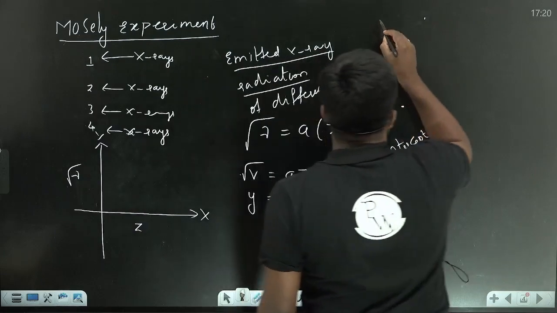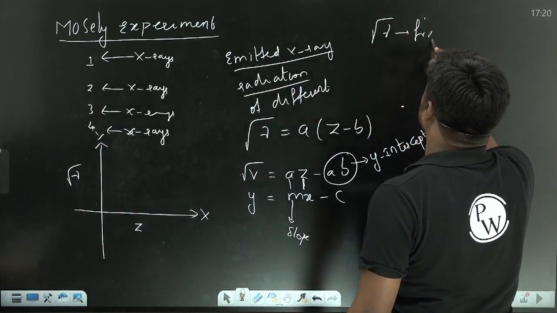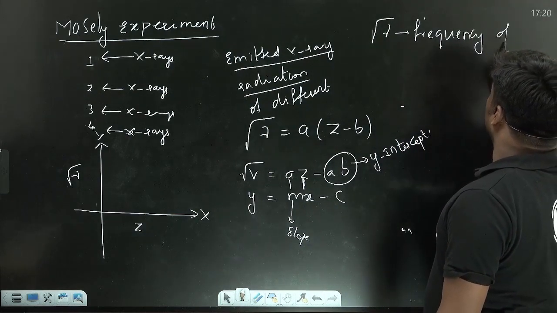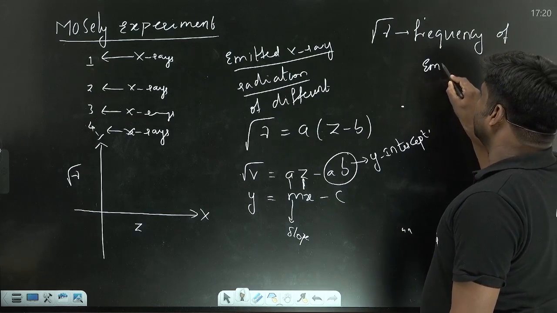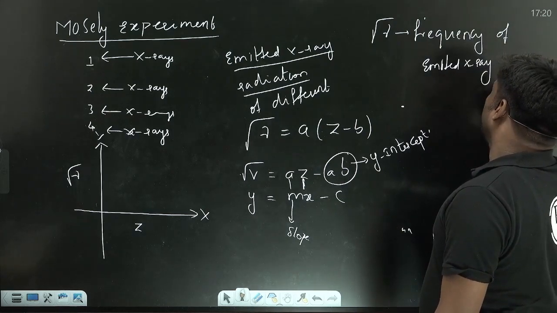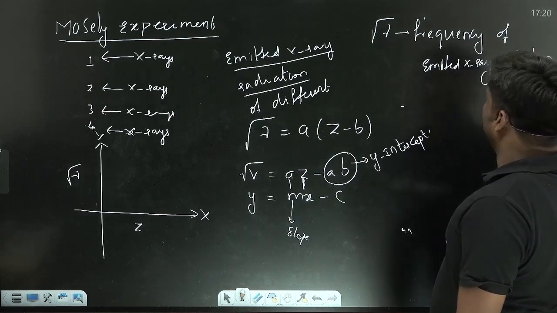Under root nu is the frequency of emitted X-ray radiation.